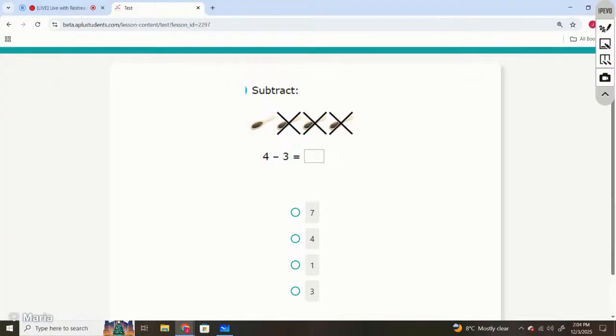Four take away 3. So you have 4 spoons. 3 of them are crossed out. So how many spoons we are left with?